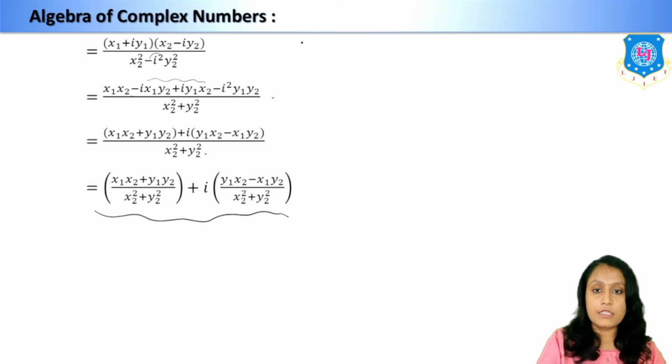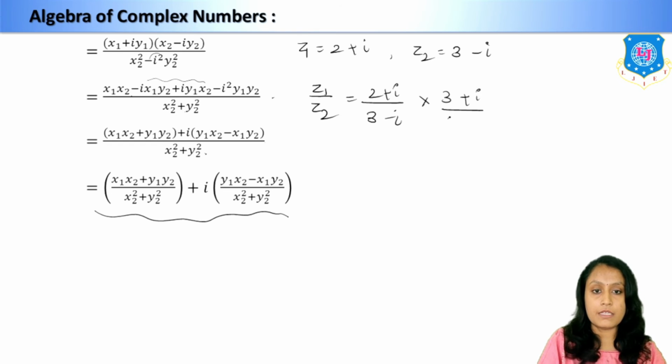Now let's solve an example. So consider z1 as 2 plus i and z2 as 3 minus i. We'll divide z1 by z2. So here 2 plus i upon 3 minus i. Now here we have a minus sign, so we'll multiply and divide it by 3 plus i.